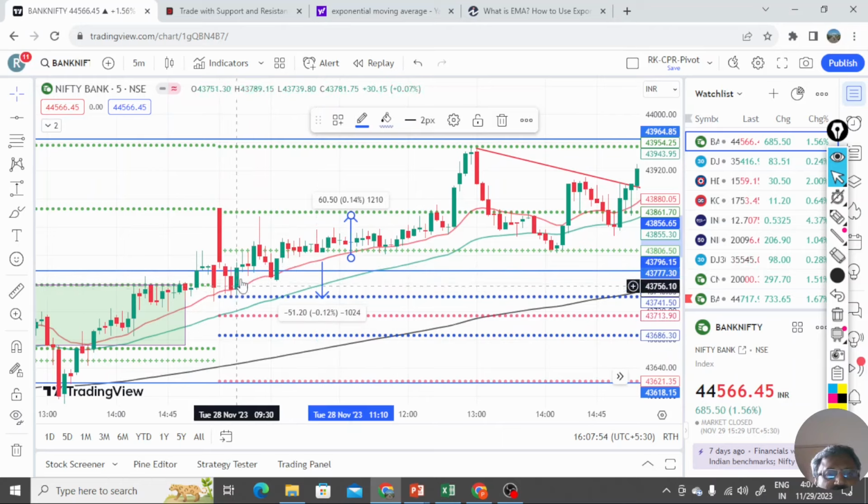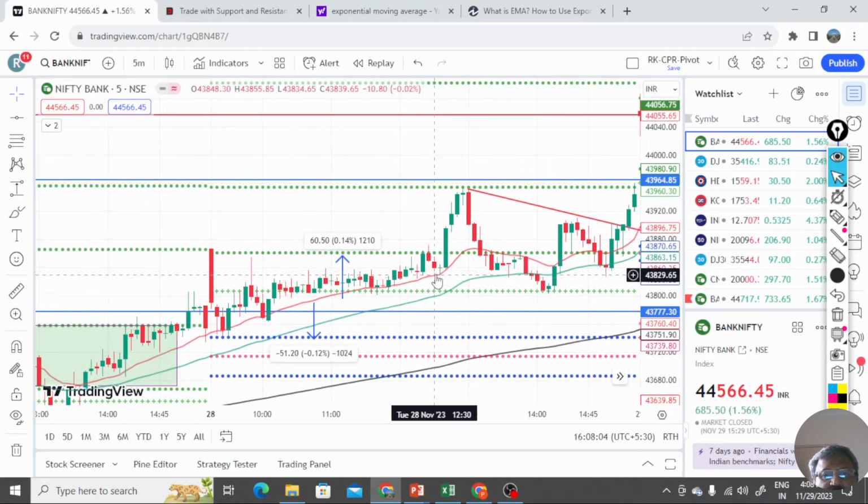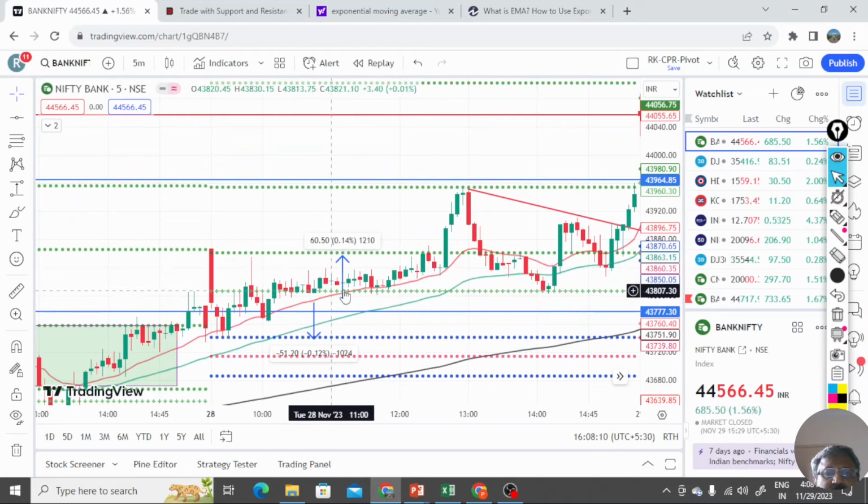See, it has gone up and again it came back, another bullish engulfing formed here, and again it started going up. Likewise, if you could see here, it took support again here. So at least some 3 to 4 times we can take very good trading opportunities here.